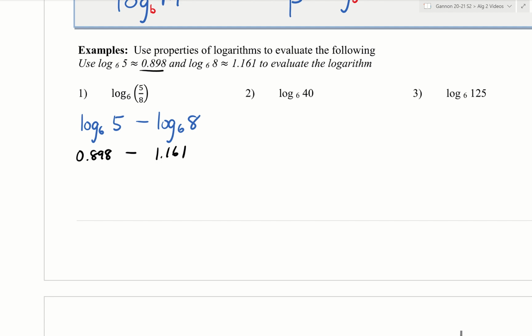And if we plug that into a calculator, 0.898 minus 1.161 is going to equal negative 0.263. And that is what log base 6 of 5 over 8 is approximately equal to. All right, so let's look at the next one.